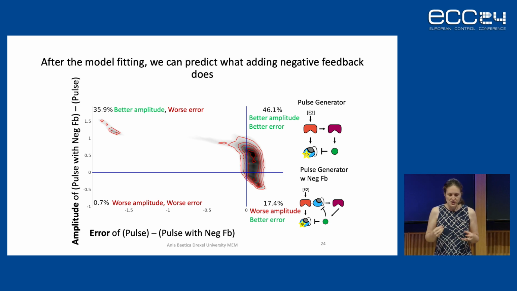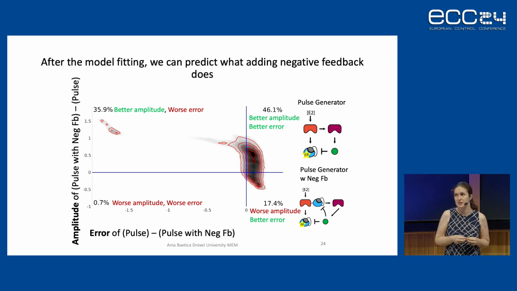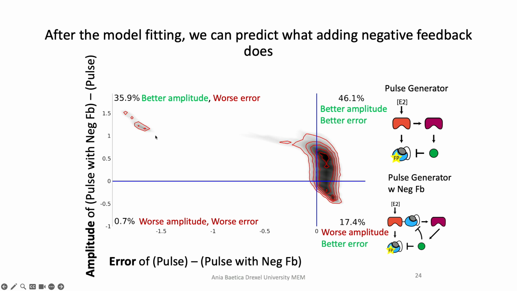And it's really interesting because, as a control theorist, I assumed it would improve the steady state error in 100% of cases, but that's definitely not true. So here we have this figure with 4 quadrants. In the top left quadrant, it improves the amplitude of the pulse, but it makes the steady state error worse.